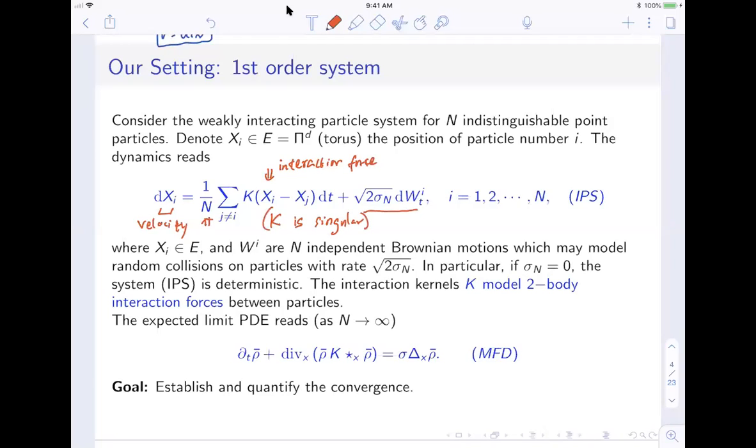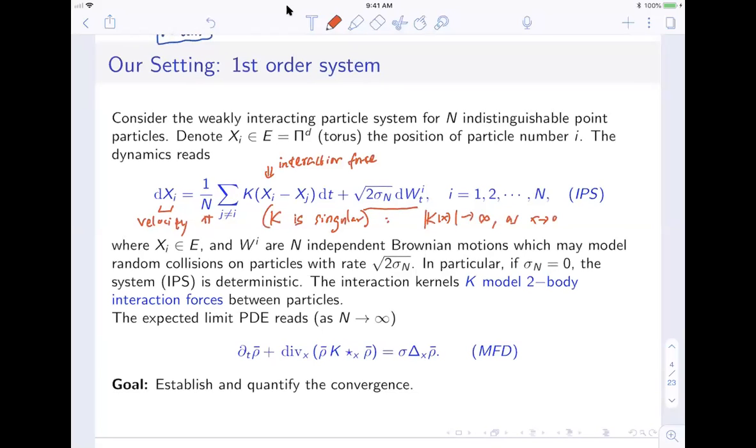When I say K is singular, basically it means the following, though it has other meanings. Let's just focus on, for instance, this case. K(x) blows up if you send x to 0. This basically means that if two particles become closer and closer, the interaction becomes stronger and stronger.